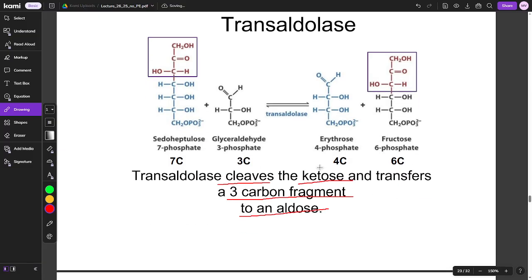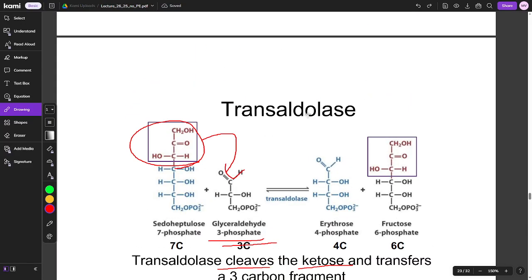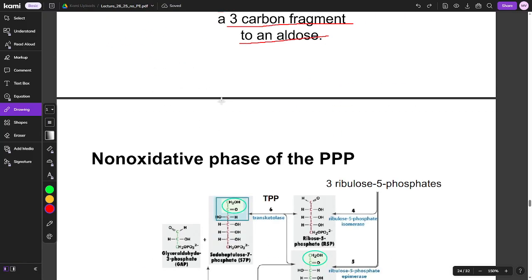It's called a transaldolase because it transfers 3 carbons to an aldose sugar, not an aldolase. So we have glyceraldehyde 3-phosphate. This is an aldose. We're taking 3 carbons from this sedoheptulose, this ketose, and transferring them here. And so we go from a 7-carbon and a 3-carbon to a 4-carbon and a 6-carbon, fructose 6-phosphate and erythrose 4-phosphate. That's what transaldolases do. These do not use TPP, different from transketolases, which use TPP.